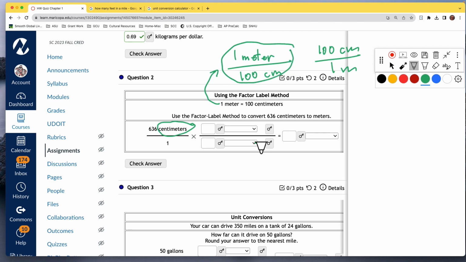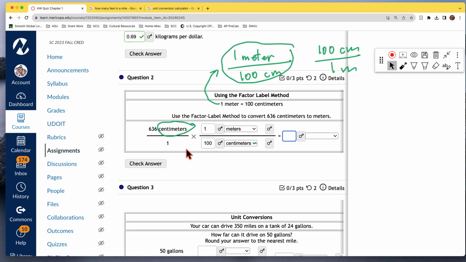And so we'll set this up with centimeters. This is just a drop down. Centimeters in the bottom. And that's taken directly from the fact we're given. Meters in the numerator, and there's 1 meter. So we've just used this as our factor. That's what it's checking on us. And then how do we get our answer? Well, it's 636 divided by 100. And if we're dividing by powers of 10, you move the decimal as many places as there are zeros.